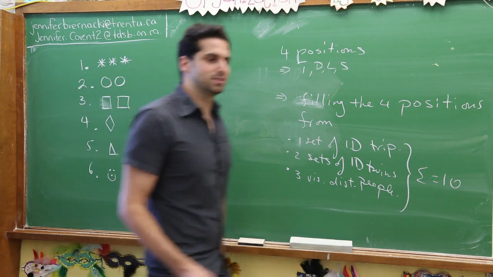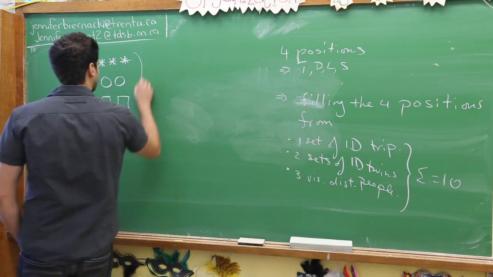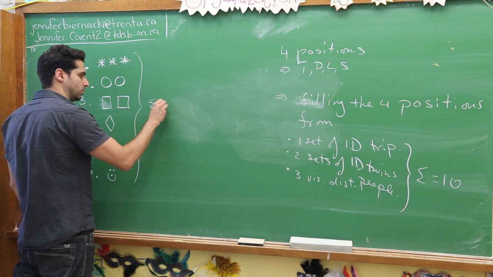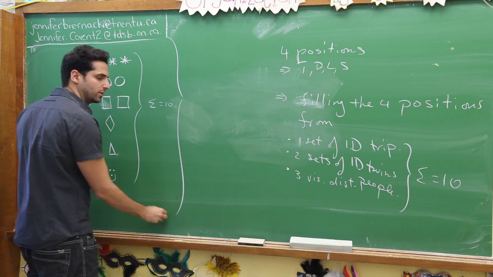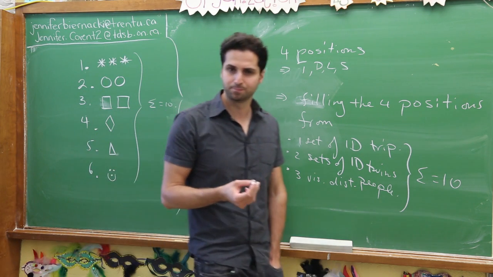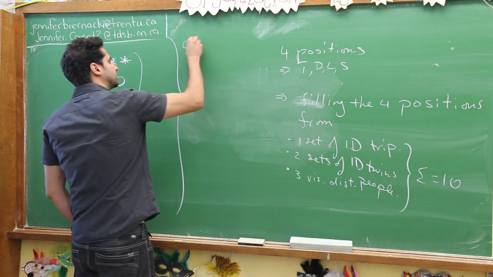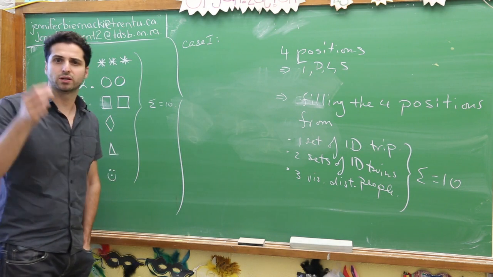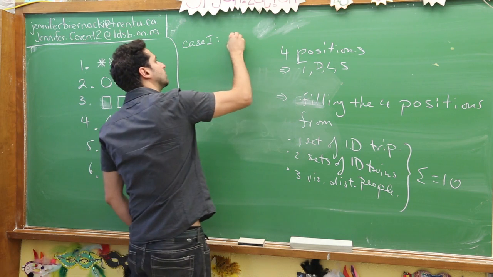Okay, so that's six unique, or six visually distinguishable, object types. And the total sum of the objects is still 10. So as we discussed yesterday, we're going to go with cases for our solution. Okay, so anybody want to get the ball rolling? Chris? This one could be all different.